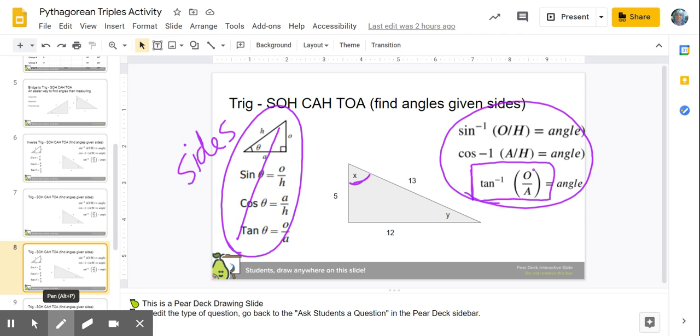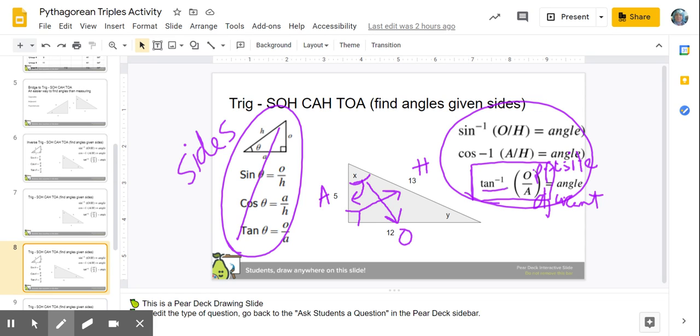It is a little confusing until you get it. So O stands for opposite. A stands for adjacent. So I'm going to start with the X, and I'm going to go to the opposite side of the triangle. So that's the O. The hypotenuse is always across from the right angle, which leaves the 5 to be the adjacent, right?